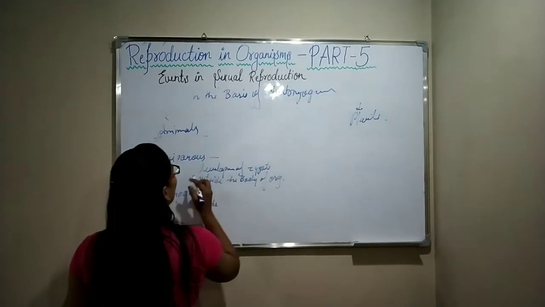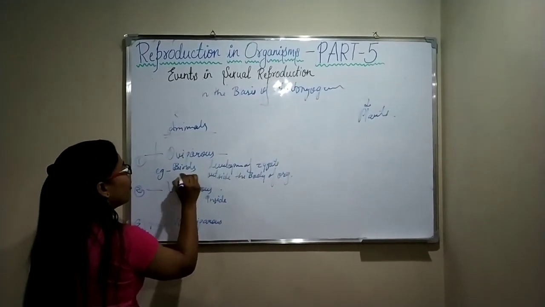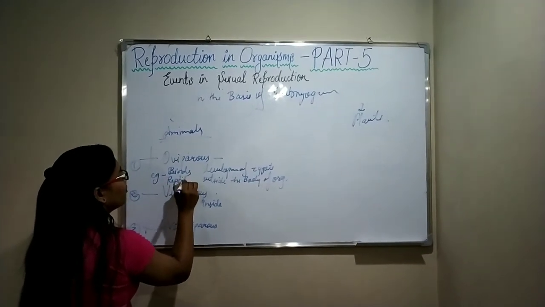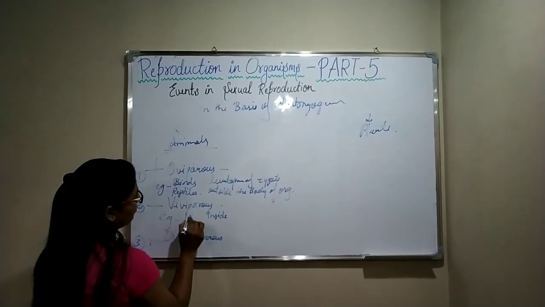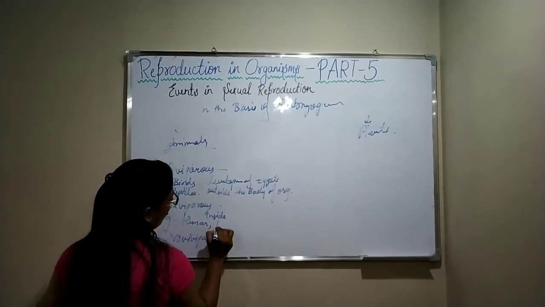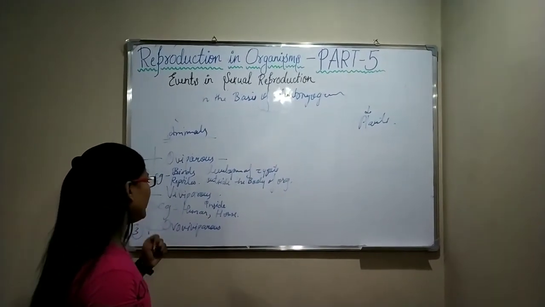We have examples of oviparous: birds, reptiles. And for viviparous, we have examples: human, horse.